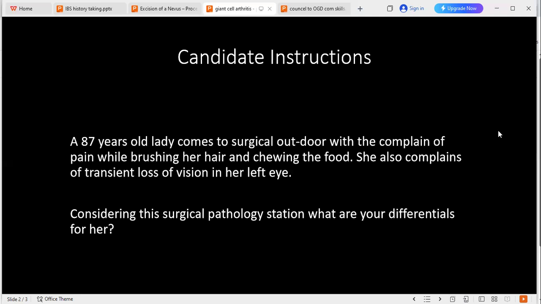What other causes could there be which can cause pathological fractures? If there are skeletal metastases or Paget's disease or multiple myeloma, they can all cause pathological fractures.